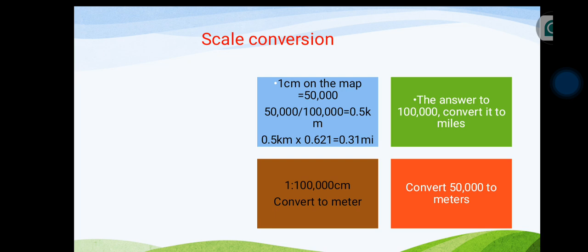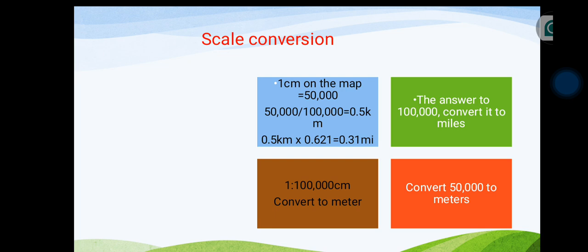Now, 1 centimeter on the map is equal to 50,000. So what you need to do, you divide the 50,000 by 100,000, then you have what? You have 0.5 kilometer. We did this in the previous class.